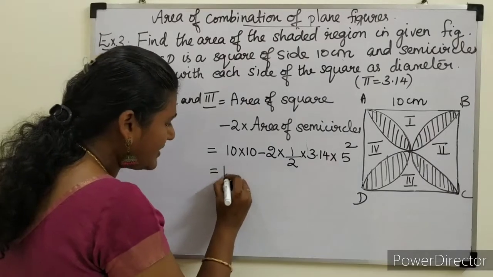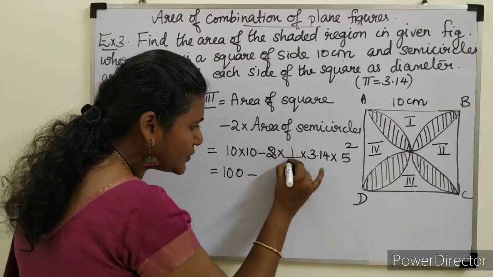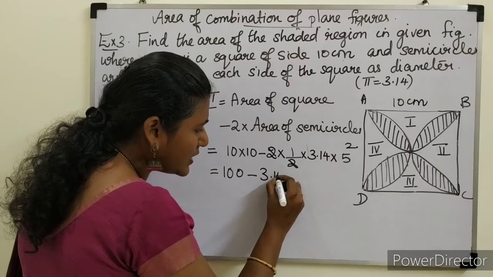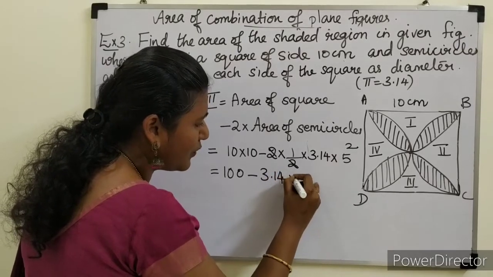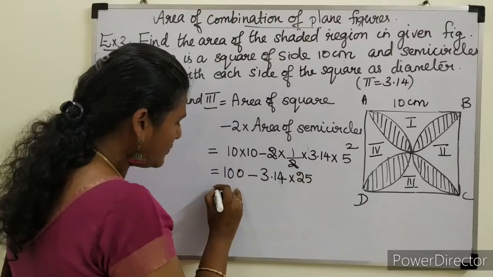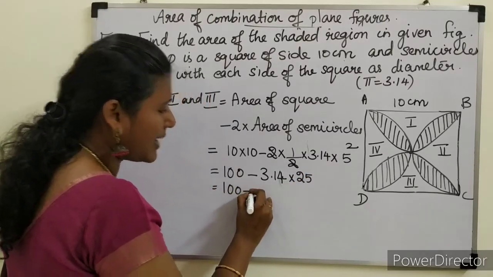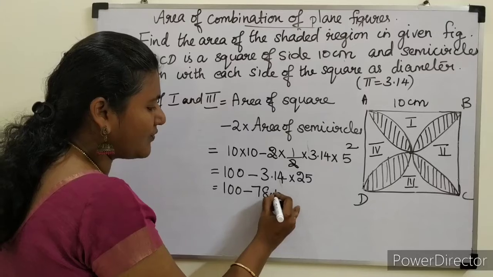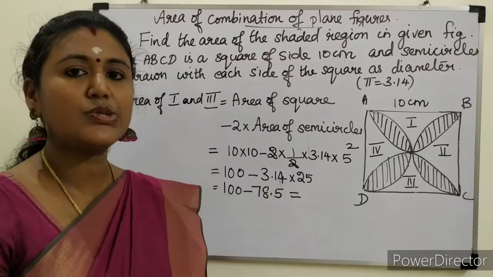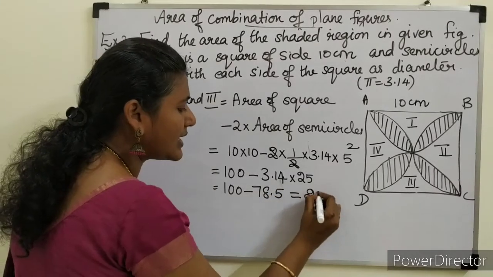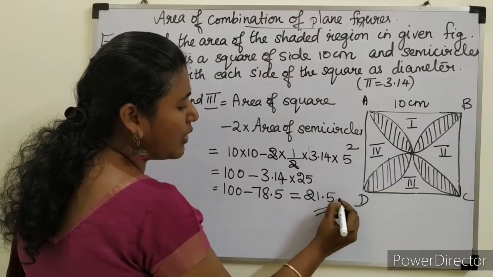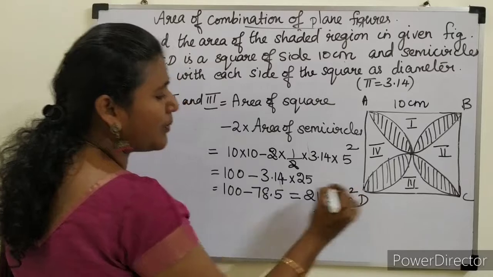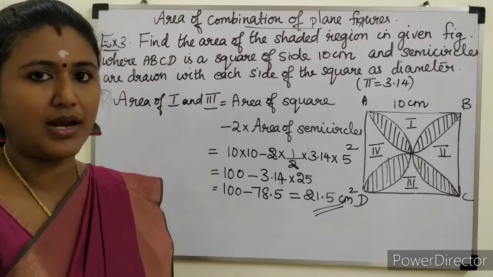Now we will simplify: the 2 and 2 will get cancelled. So 3.14 into 25 is 78.5, and 100 minus this is 21.5. So the area of regions 1 and 3 is 21.5 centimeter square.